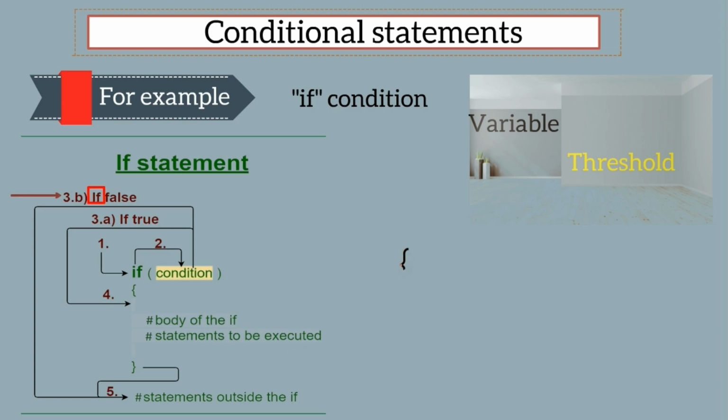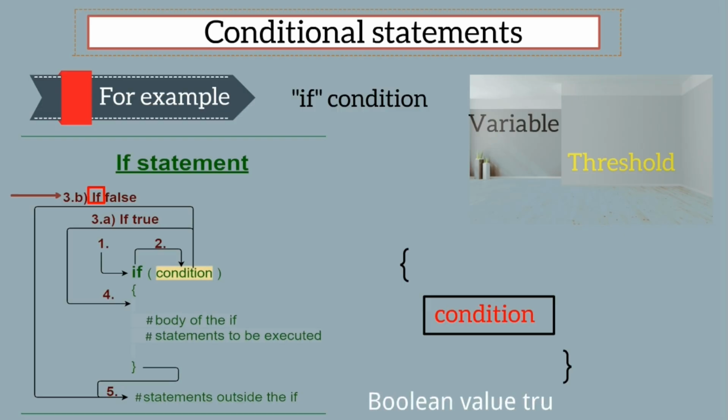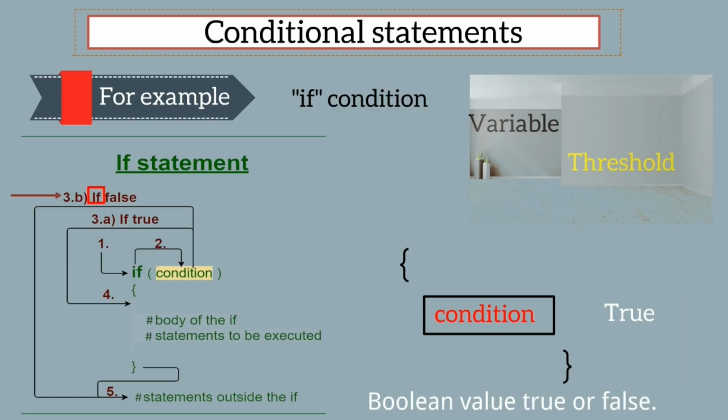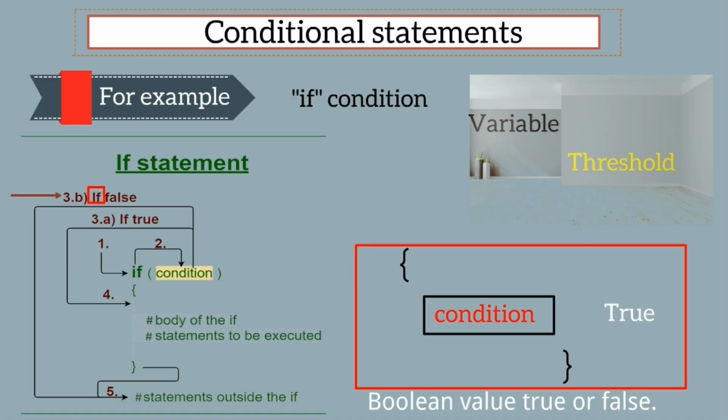The syntax of an if-then statement is the if keyword is used to start the statement, followed by a set of parentheses that contain the condition that is being evaluated. The condition can be any expression that returns a Boolean value, true or false. If the condition inside the parentheses evaluates to true, then the code within the curly braces that follow is executed.